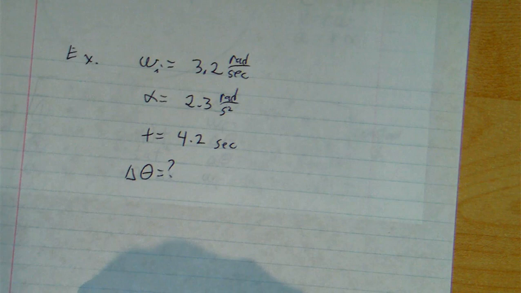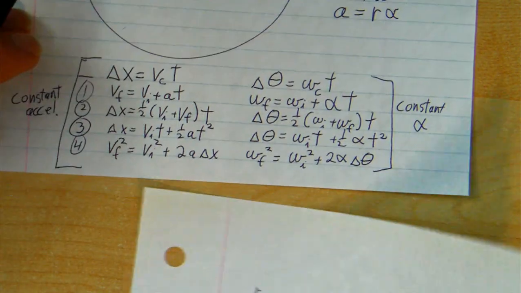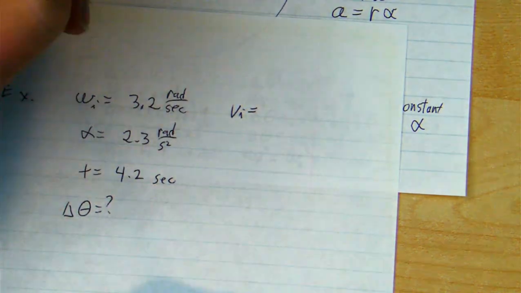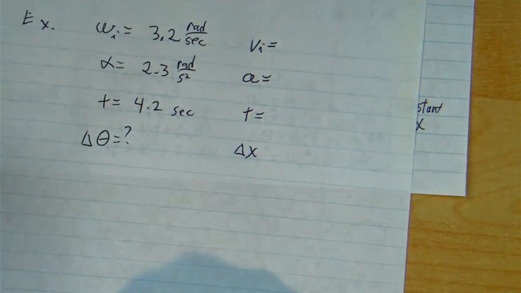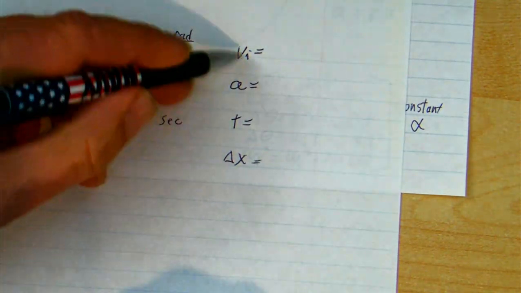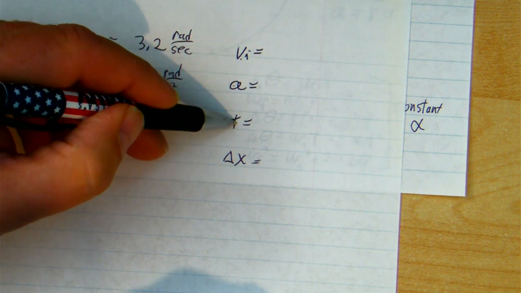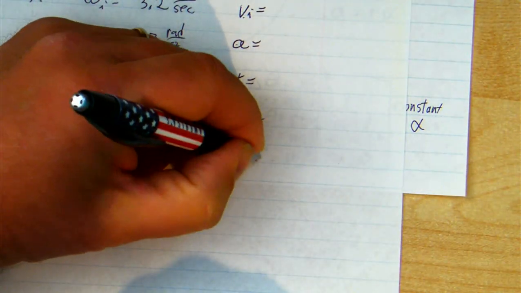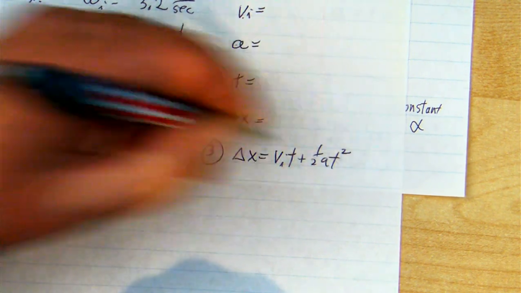And you say, oh my goodness, I'm glad this is just like an old kinematic equation in one dimension. I could pretend here's my initial velocity, here's my acceleration, here's my time, and I'm asking for change in position. Which kinematic equation relates position, initial velocity, acceleration, and time? That's the third kinematic equation, which says delta x is equal to initial velocity times time plus 1/2 times acceleration times time squared.